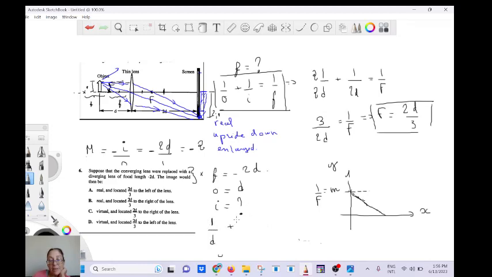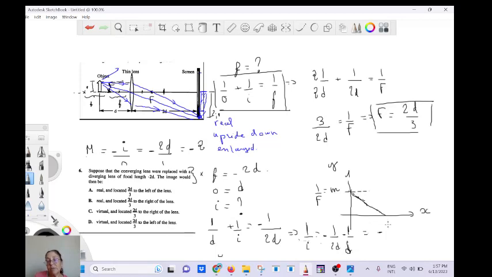You apply the thin lens equation. 1 over I equals minus 1 over 2d minus 1 over d.